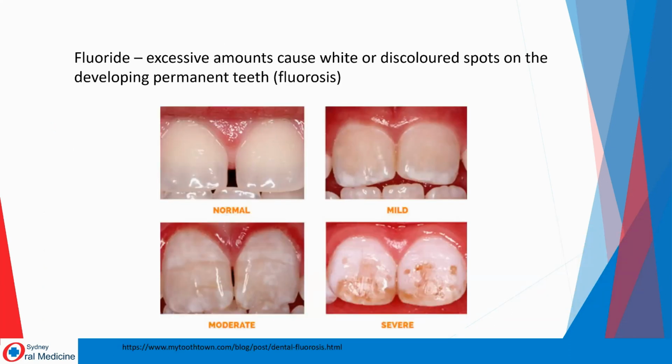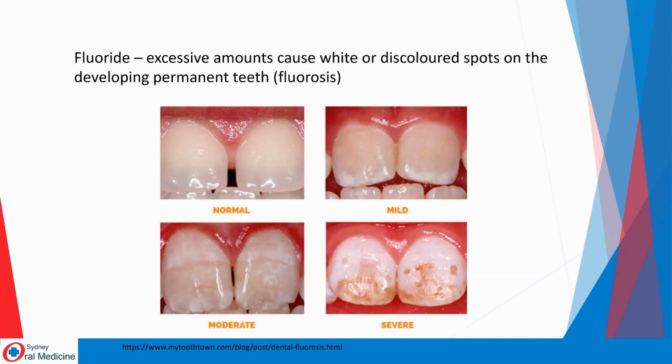Another common developmental condition that can occur because of medication is fluorosis. So excessive amounts of ingested fluoride can actually cause this. Whether that's somebody taking fluoride supplements, or somebody that is inadvertently swallowing excessive amounts of toothpaste which contains fluoride during that period of their life when their permanent teeth are developing, they can get these white or discolored spots.